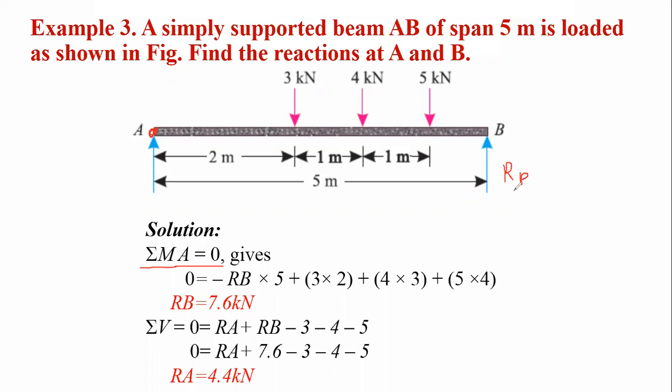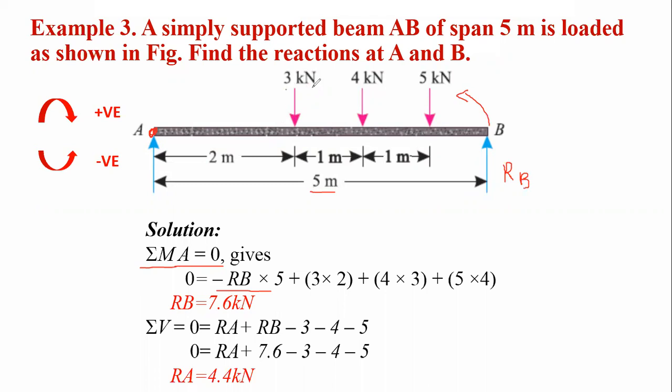The sign convention is again the same: clockwise moment positive, anti-clockwise moment negative. Due to this reaction RB, it makes an anti-clockwise moment about point A. That's why minus RB into the perpendicular distance of 5, minus RB into 5.